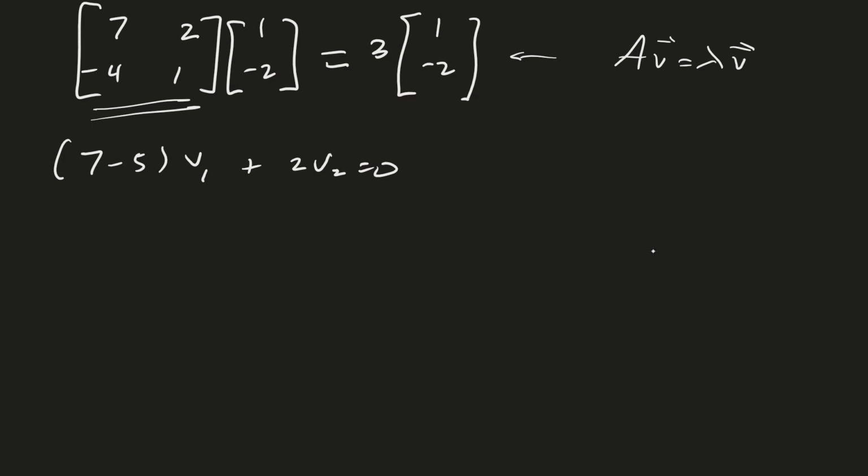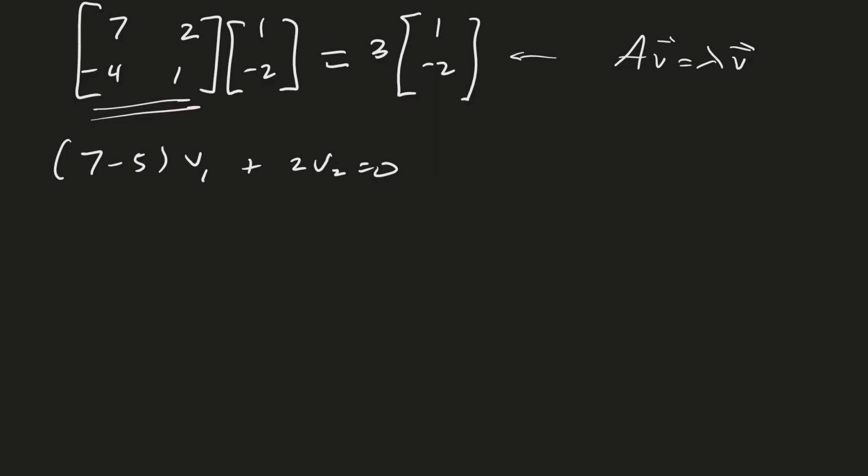So this is 2v1 plus 2v2 equals 0, and this is all you need for your eigenvectors, because your eigenvector will solve that equation.